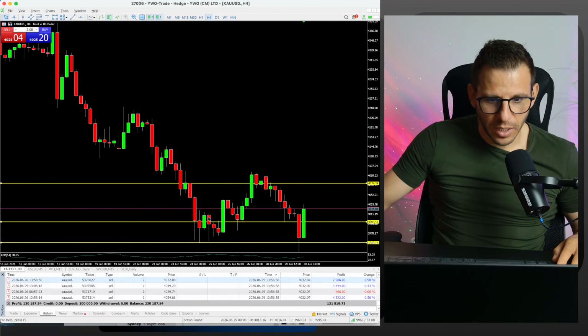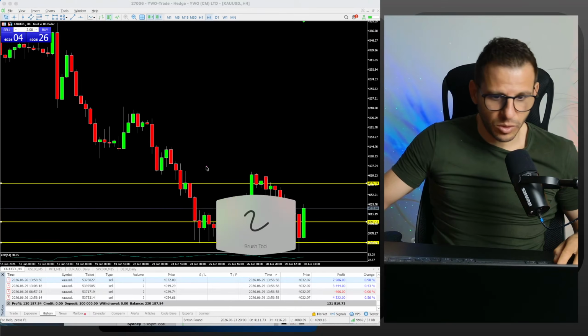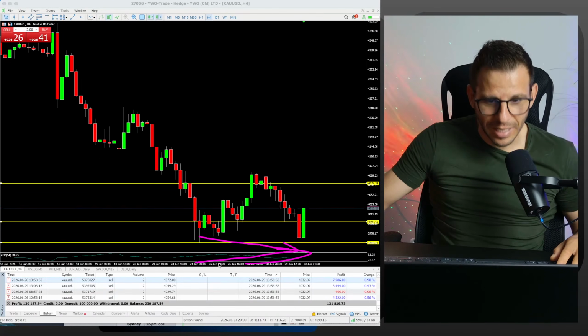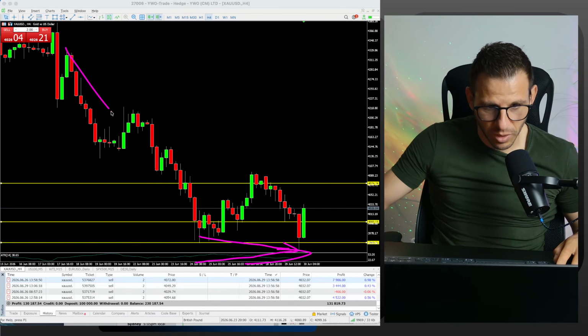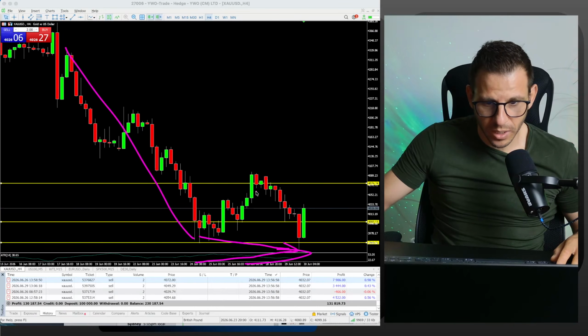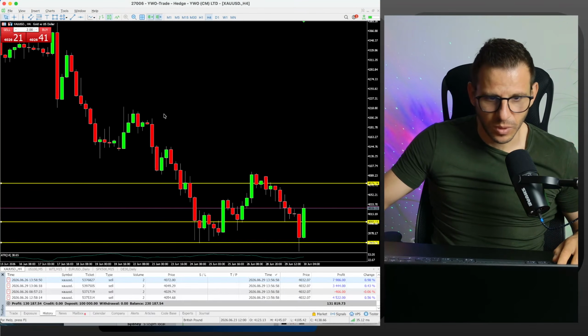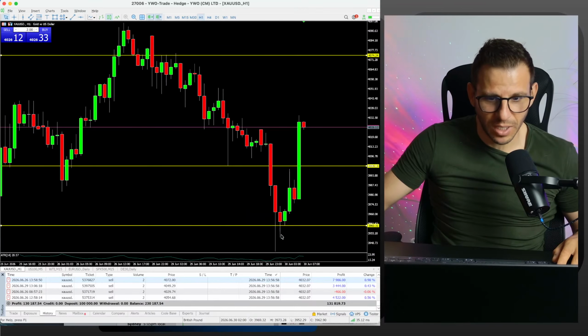I think we have strong divergences here. Right here, what do you guys think? If we make a lower low on the price, the indicator for sure didn't pick it up, because see all this sell-off from this point and this small sell-off here forced to make a lower low. So I will check the indicator later, but for now let's just keep with the top-down analysis.